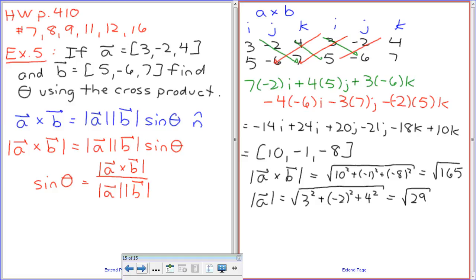I think I'm making sense there. Is that right, or did I make a mistake? 4 and 9 is 13. That's right? Okay, and the magnitude of B equals the square root of 5 squared plus negative 6 squared plus 7 squared, which is 25 and 36, which is 61, and 49 is 110.